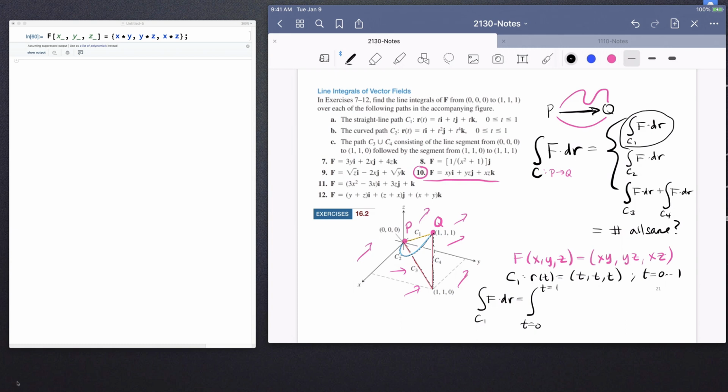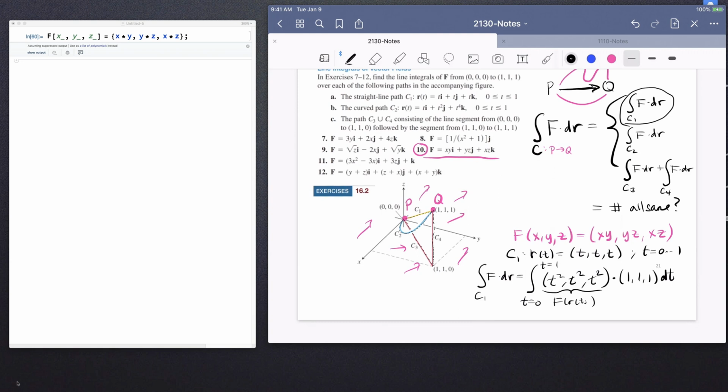We would have the vector field along that curve, so x, y, and z are all t, so we get t squared, t squared, t squared for the vector field along the curve. Then we take the dot product with the direction vector of that line, which is 1, 1, 1, or r prime of t, and then we do a dt integral.